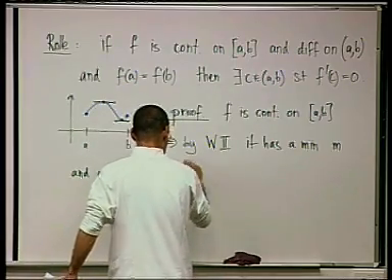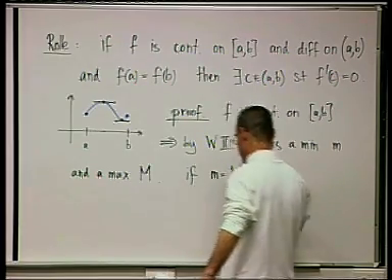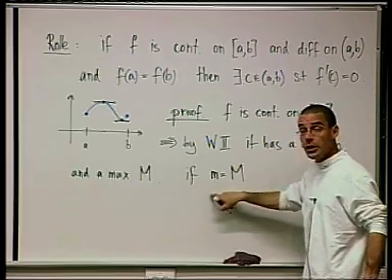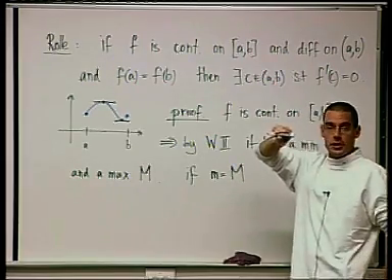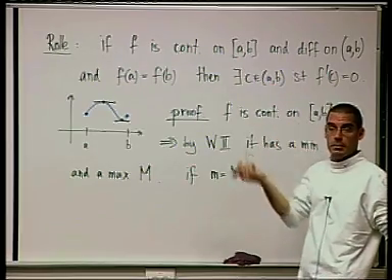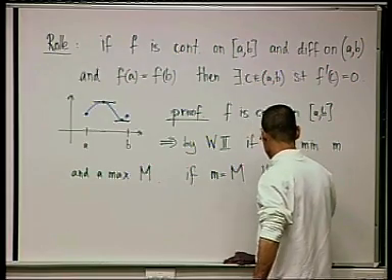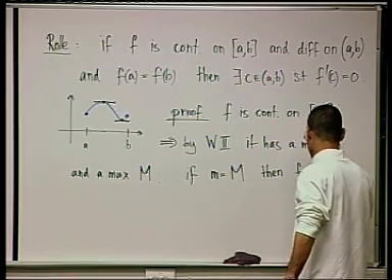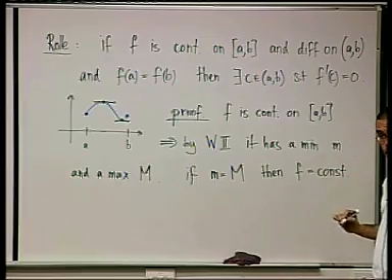And if it so happens that m equals M, that these values are equal, what does that mean? Right, it's a constant function. That's the only way that the maximum and the minimum can be the same. Do you agree? Then f equals some constant, right?